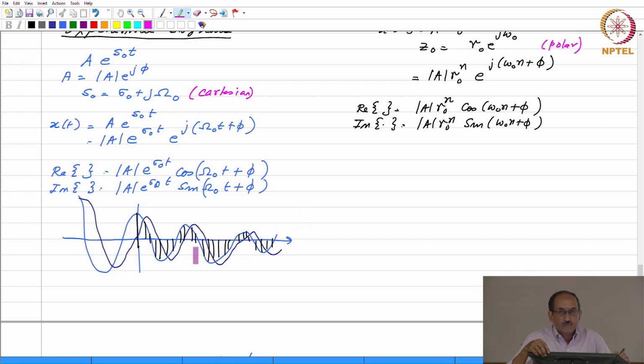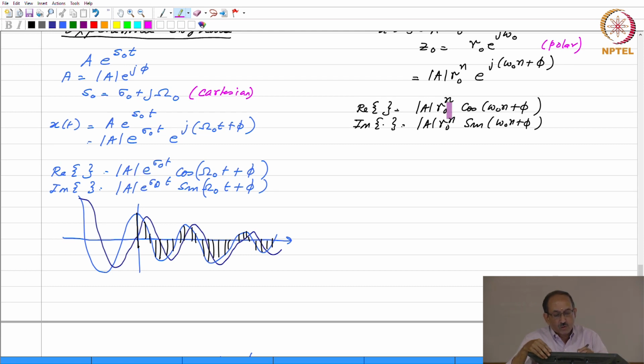That is when you will have your sinusoid, and if cap omega naught were 0, then this will be purely a real valued exponential, right. Of course, assuming the amplitude is also real valued.